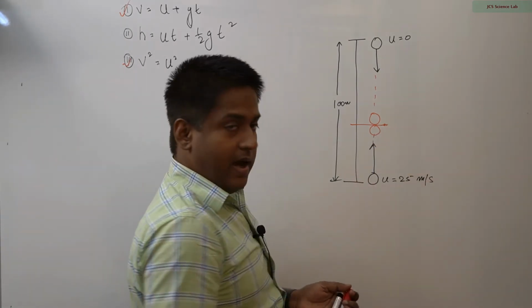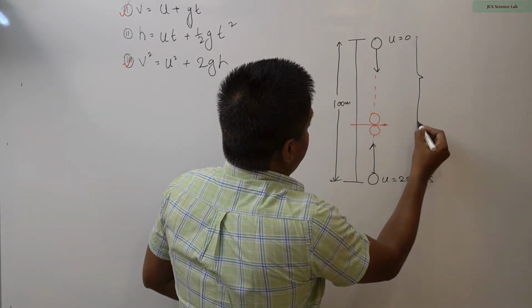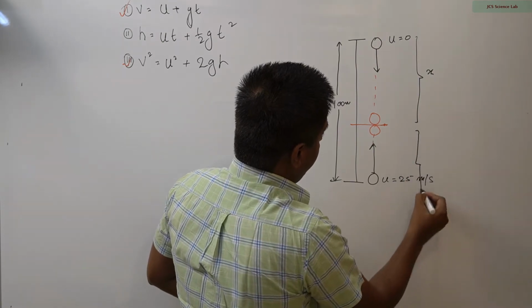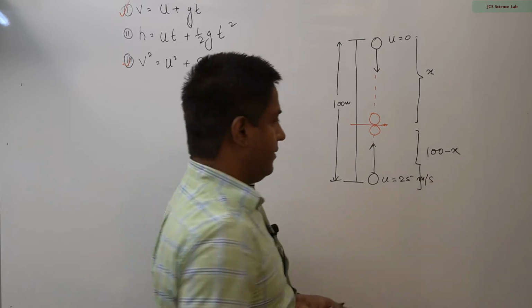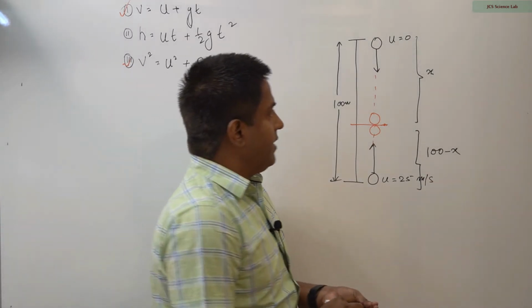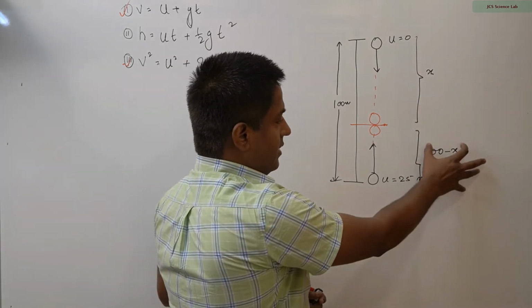And I just assume that this height is x, and so this height would be 100 minus x. Clear? It means this is x and this is 100 minus x, this distance.